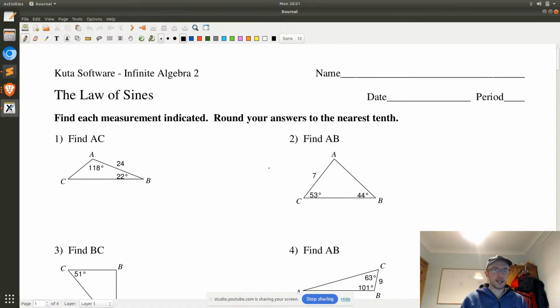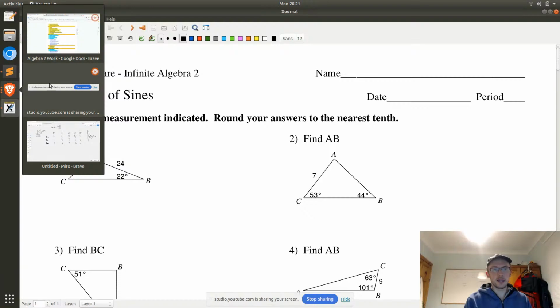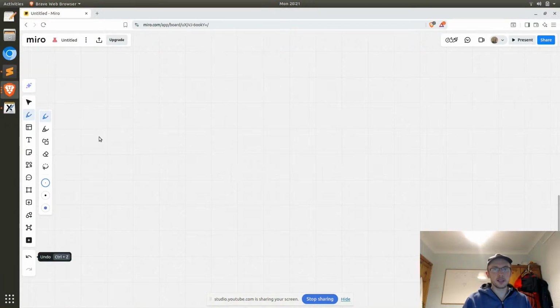So the law of sines enables you to find a missing side length or missing angle of a scalene triangle under certain conditions.